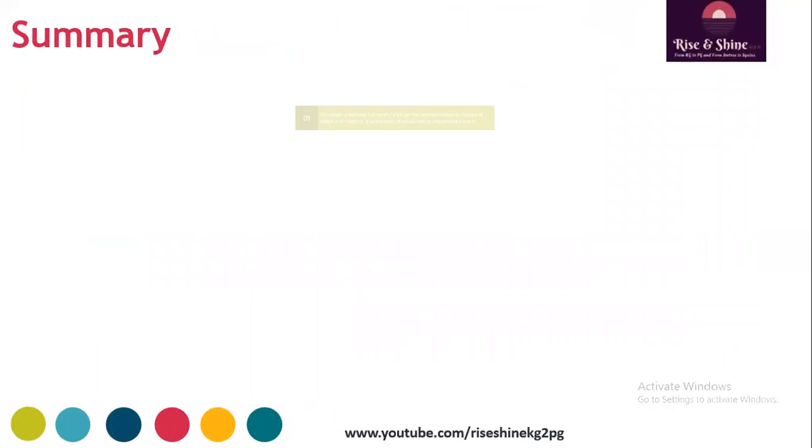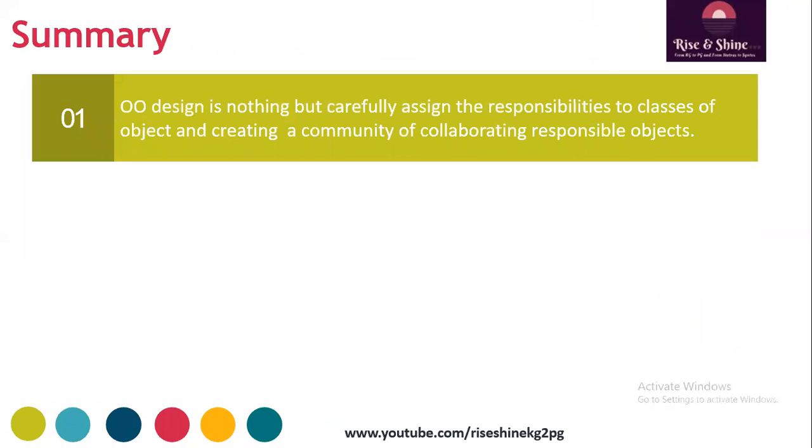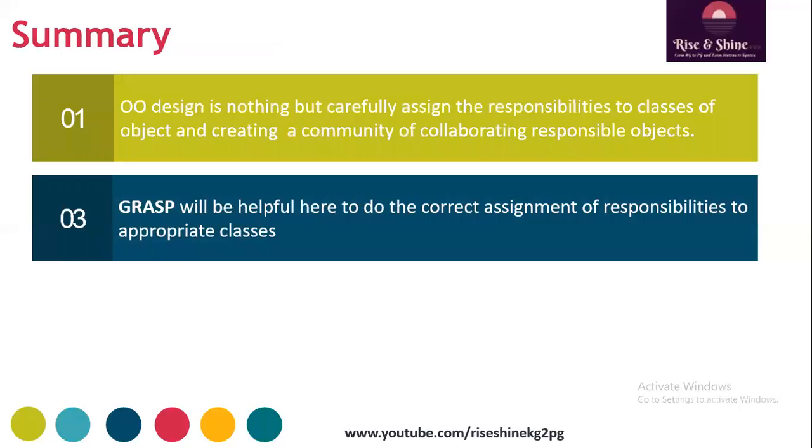The summary of this session is that object-oriented design is nothing but carefully assigning responsibilities to the classes of objects and creating a community of collaborative responsible objects. While doing this, GRASP will be helpful to do the correct assignment of responsibility to appropriate classes.